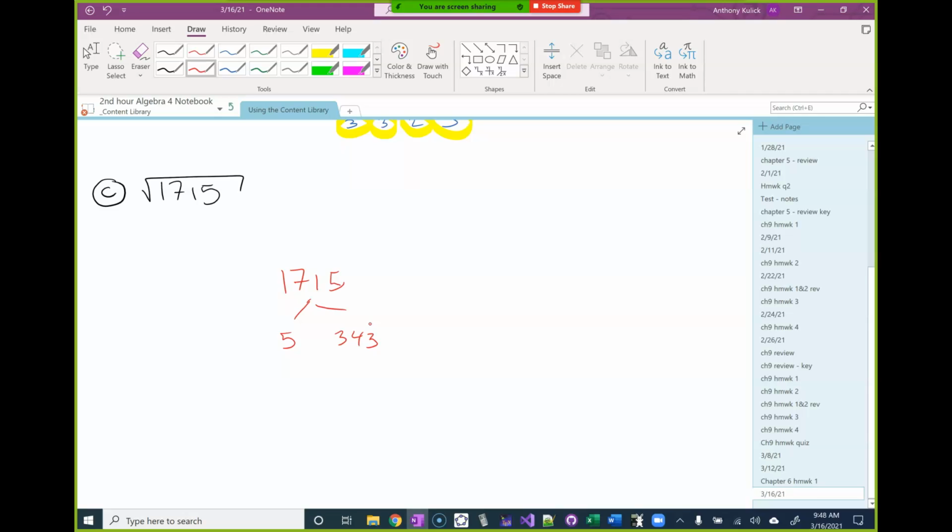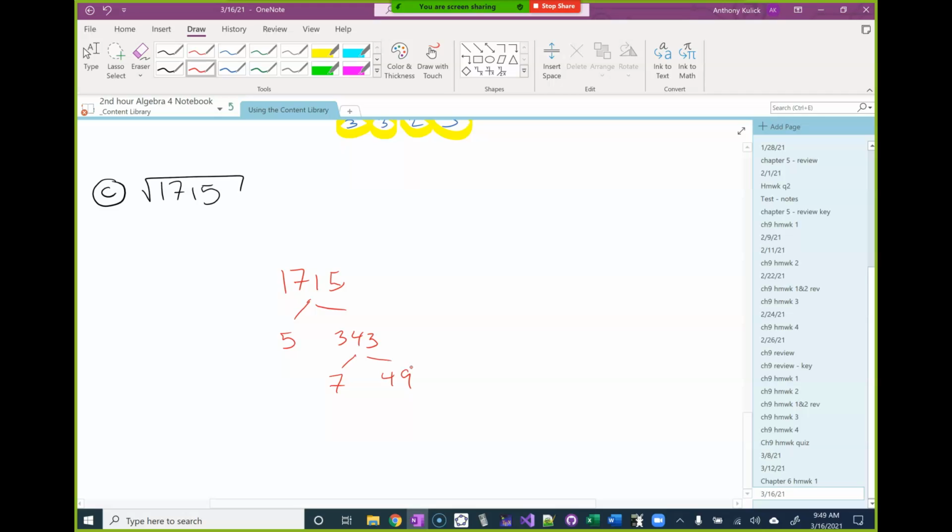1715 divided by 5. And then 49 is, so I'm just going to call this 49 times 7. So square root 49 times square root 7, or 7.